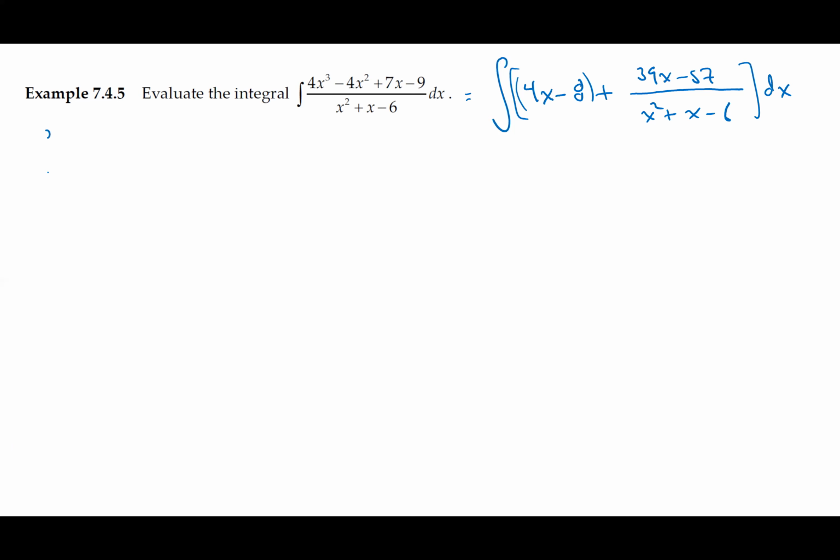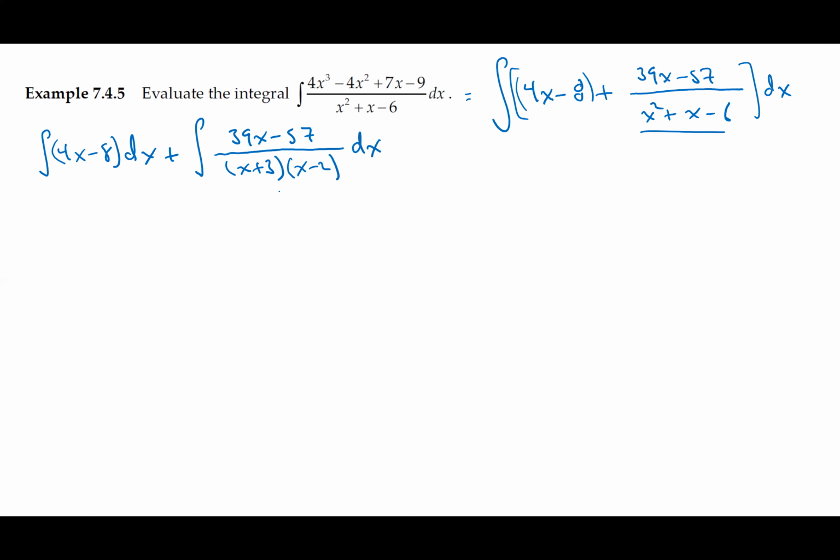So I've got the integral of 4x minus 8 dx plus the integral of 39x minus 57 all over. And while I'm at it, I'm going to factor that denominator right there. x plus 3 times x minus 2. Okay.